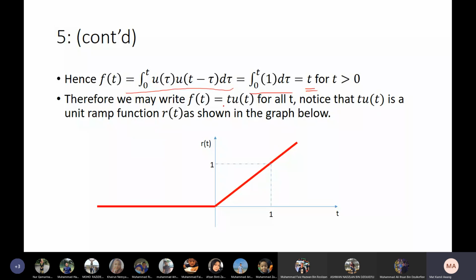Therefore, we may write f of t equal to t times u of t for all t. This is equal to r of t, the ramp. R of t is t u of t. So it proves that the convolution of u of t with u of t is equal to r of t. So that's how you prove it.